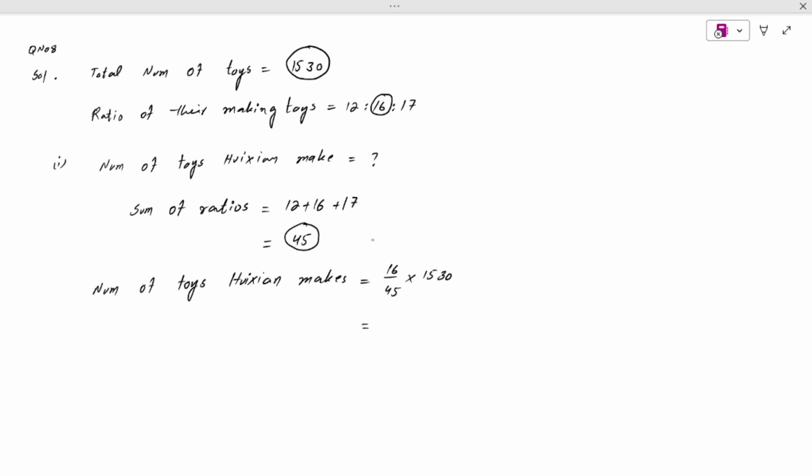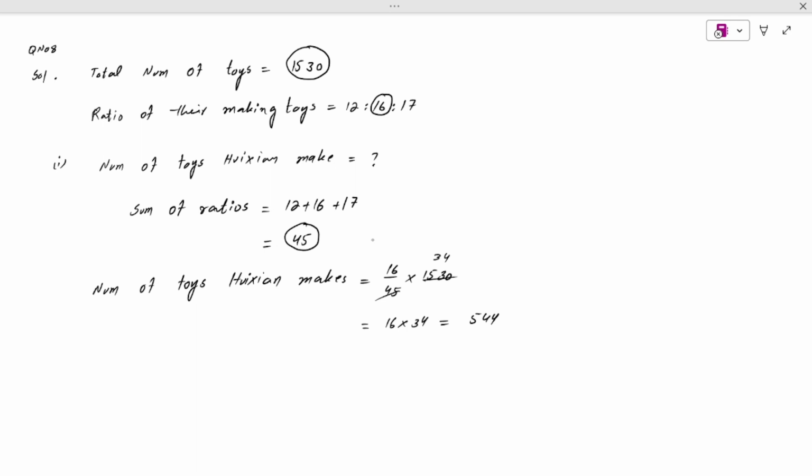So simplifying this, 45 ones are 45, and 45 34s are 1530. So we multiply 16 by 34, which equals 544. So Hugsian has 544 toys.